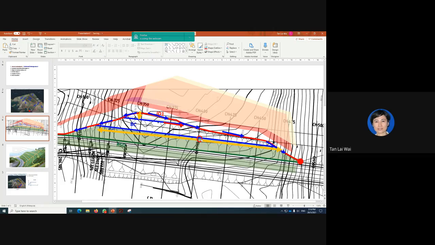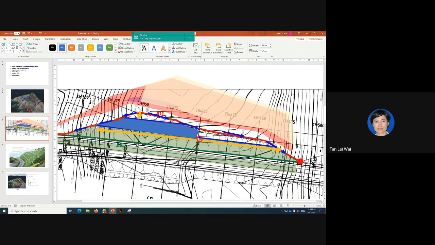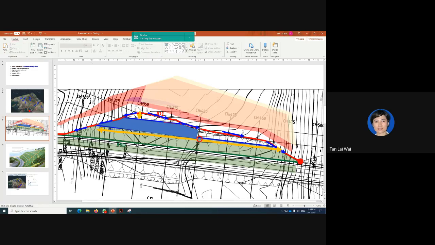Because if I want to design for this bench drain here, what I'll do is I would consider there's one catchment area here. Okay, and there's another catchment area here.